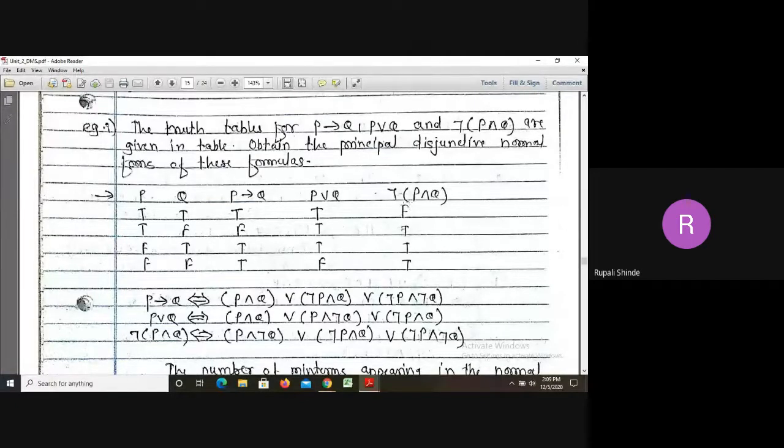So just look at this column where we have written T. T is written thrice.